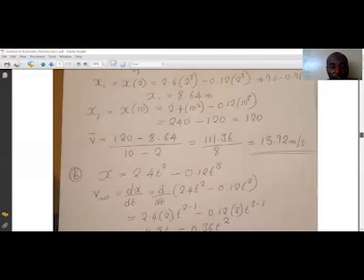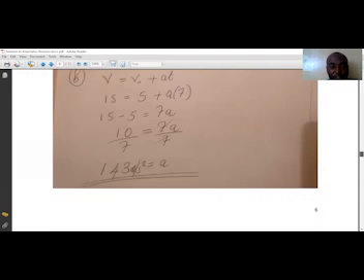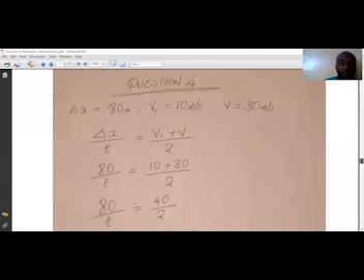So number 4, if you've checked the answers, they are here. Delta x is 80 meters, v naught is 10 meters per second, v is 30 meters per second, and how long means we're looking for time.